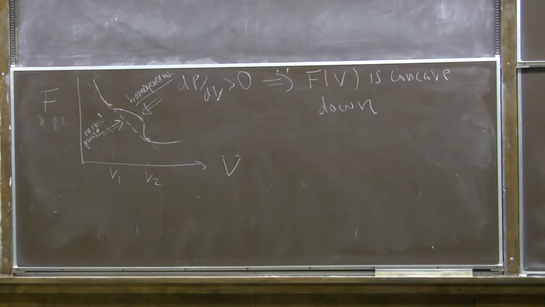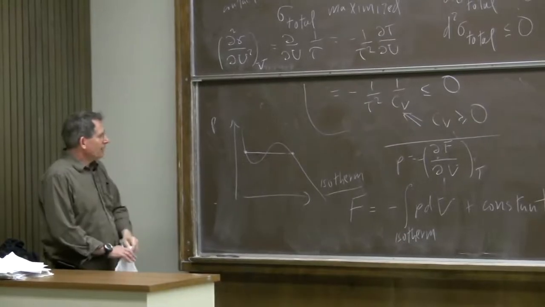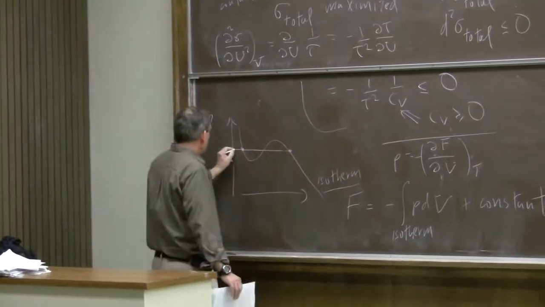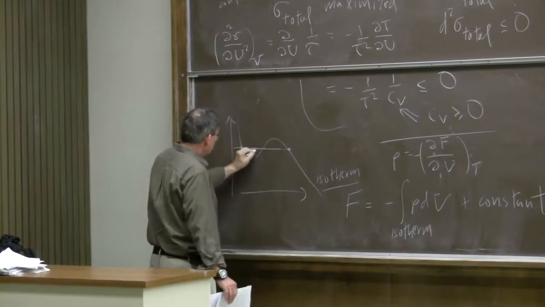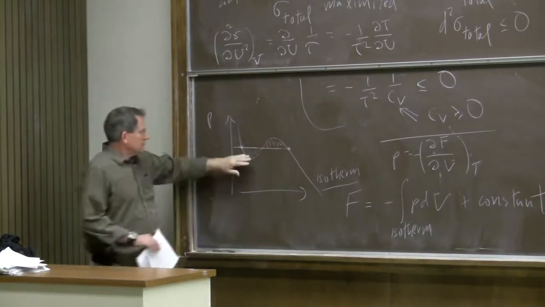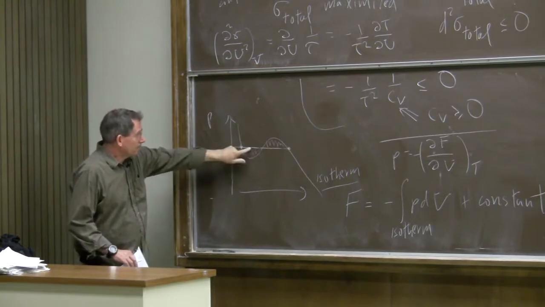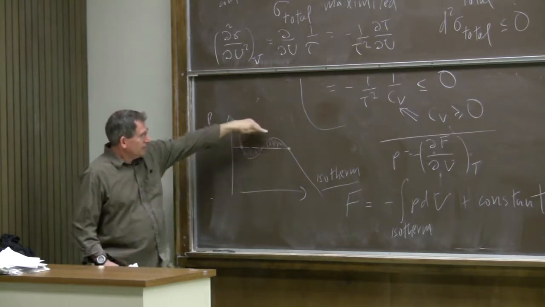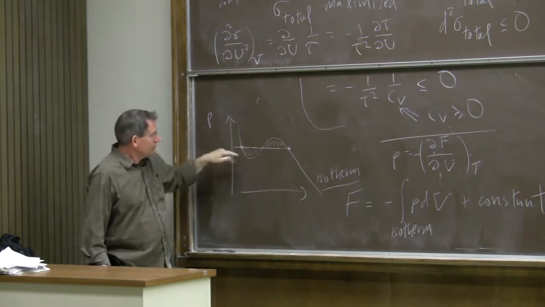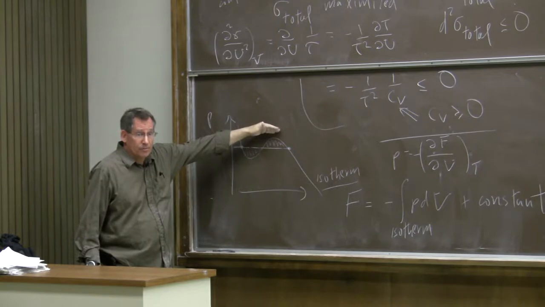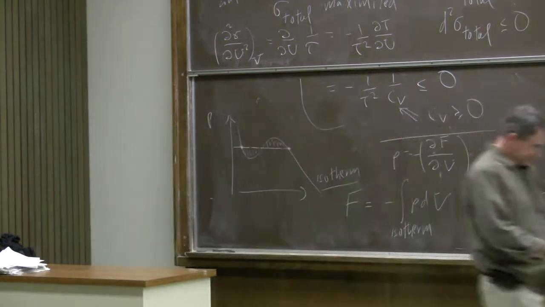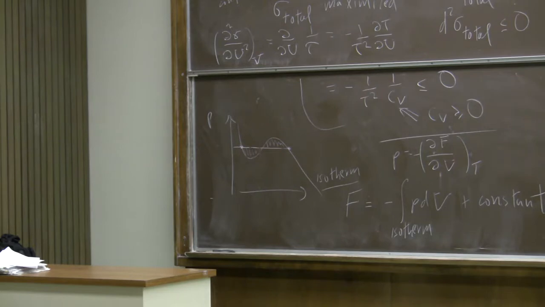The pressure where phase coexistence occurs, I'm going to choose so that the area below the value of the pressure on the critical isotherm matches the area above this value of the pressure on the critical isotherm. Now, how do I know that? Well, there are two different ways of getting from this point to this point. One is to integrate along the isotherm, and the other is to mix the two phases.